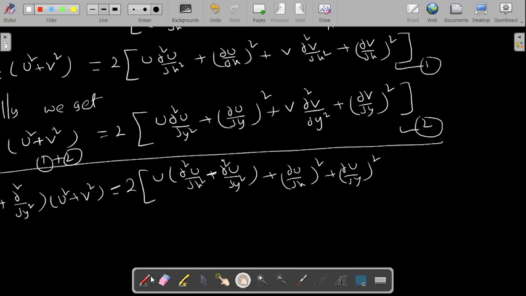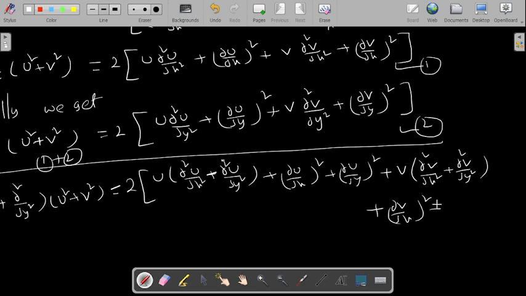Next in these two, v common. So ∂²v/∂x², ∂²v/∂y², plus these two terms, so now (∂v/∂x)², (∂v/∂y)², whole bracket.